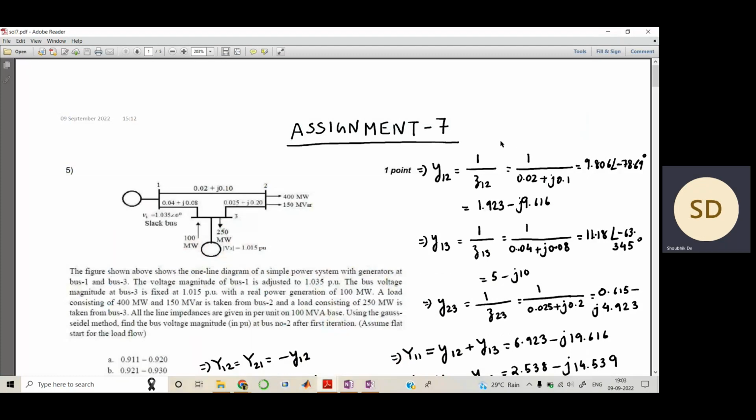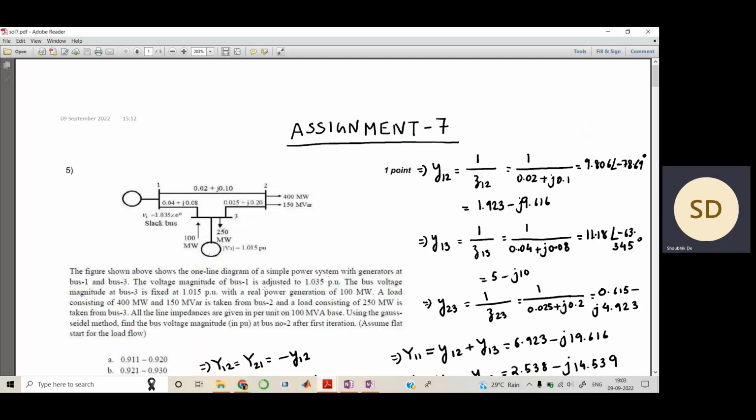So let's start. We'll first be discussing question number 5. Now this is the diagram concerned with the question. I hope the diagram is clearly visible. Anyways, I will be sharing this file also with you. The problem says that the figure shown above shows the one-line diagram of a simple power system with generators at bus 1 and 3.